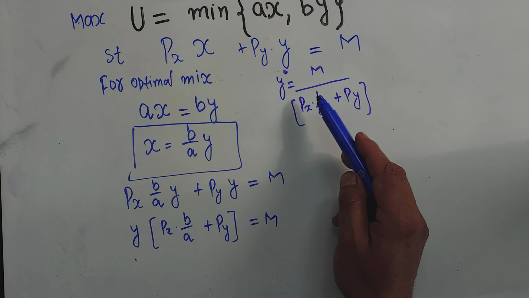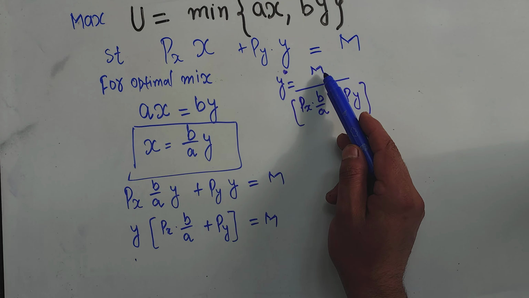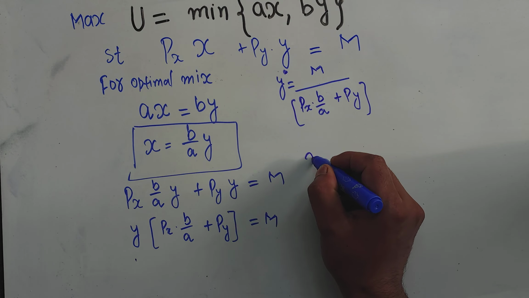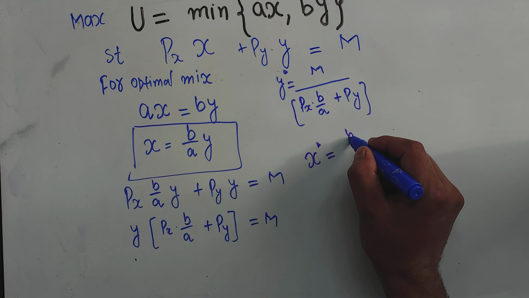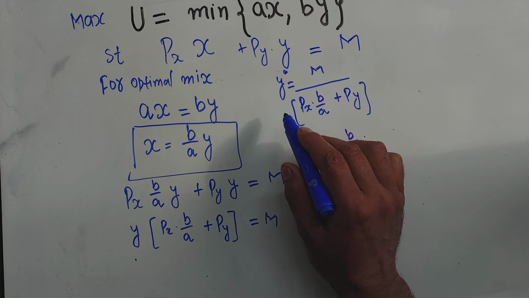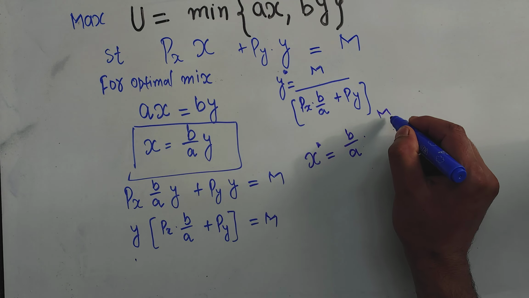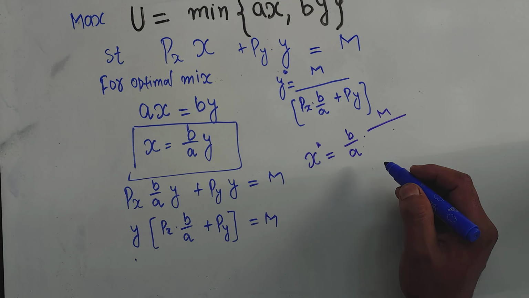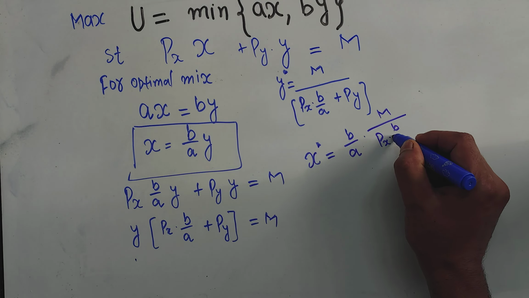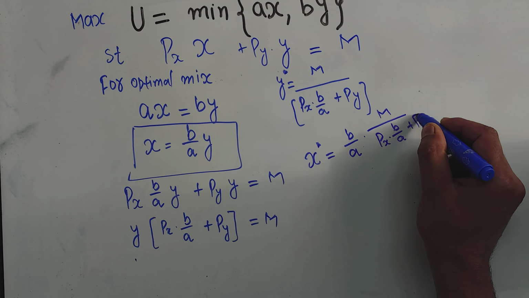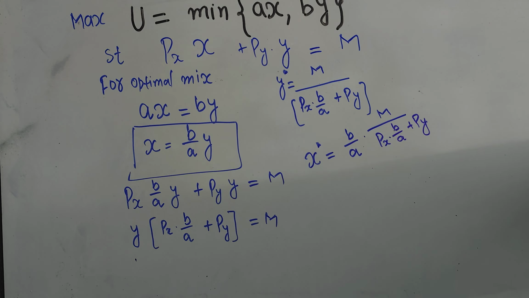To find the demand function for good x, plug y equal to this expression into this equation. So the demand function for good x will be equal to b upon a times the value of y, which is m divided by (price of good x times b upon a plus price of good y).